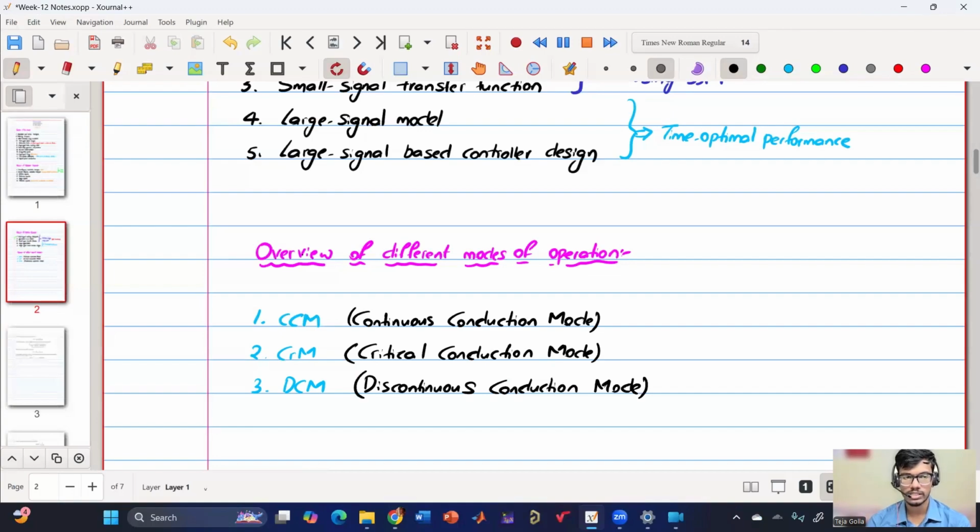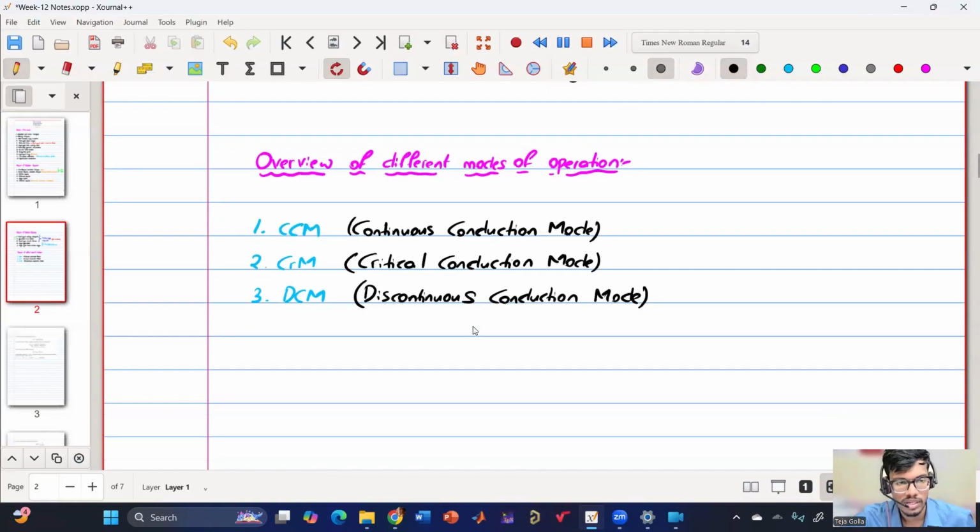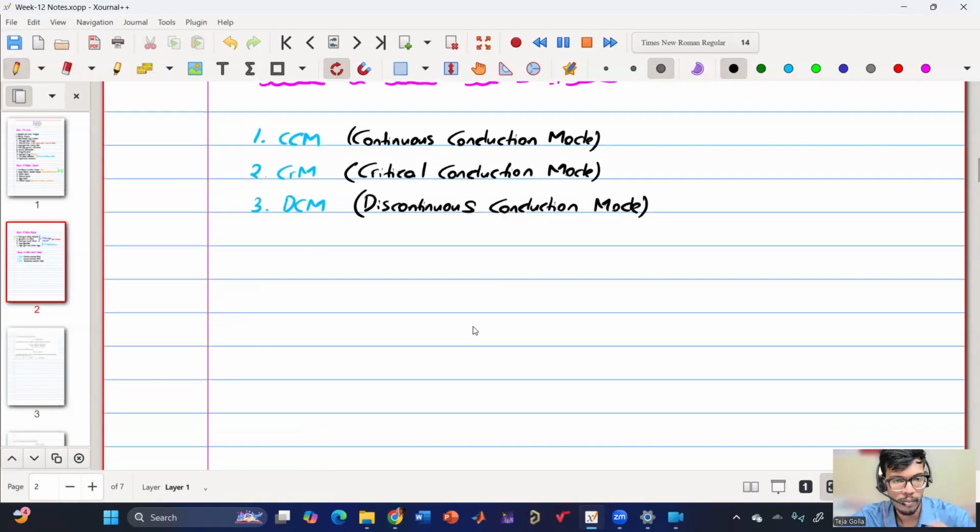So which one are you asking exactly? The CCM boundary condition is clear to me. The expression for average inductor current and average output voltage. For example, in CCM it is D into Vin, but for DCM some other expression is given.